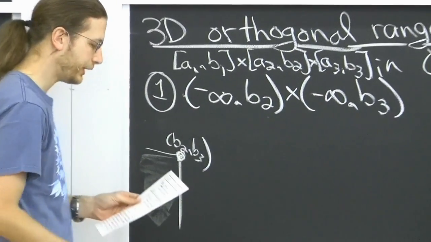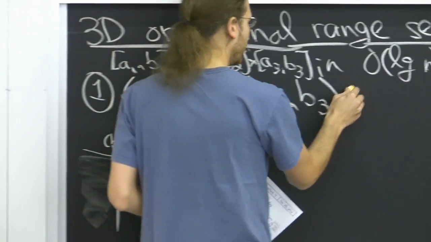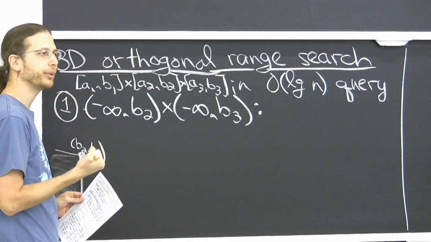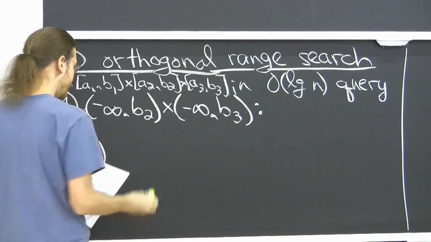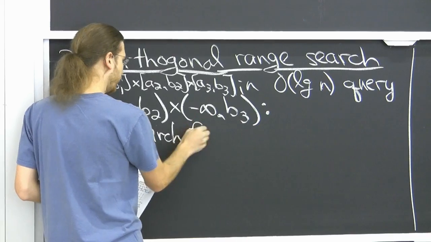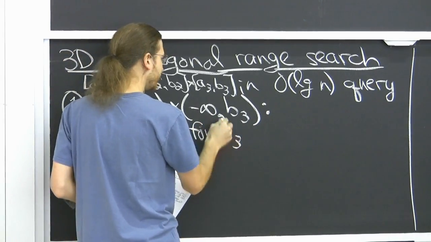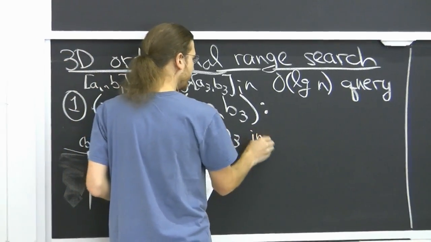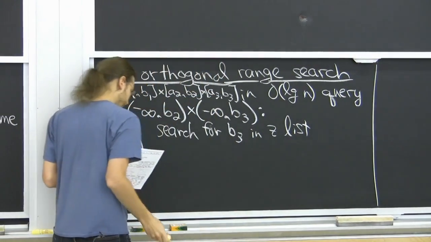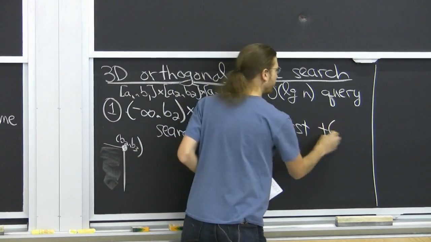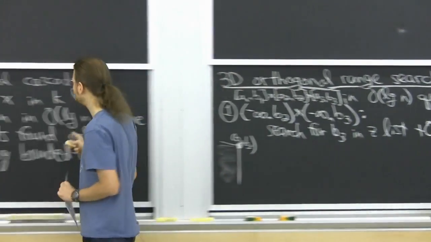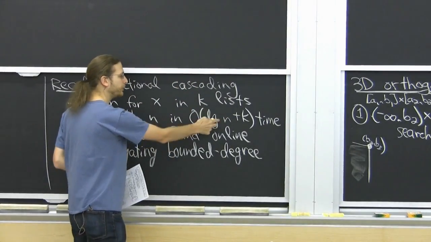So we can solve this in log n time plus k. But I want to be a little bit more precise about what that log n is and say that this costs whatever it costs to search for B3, the Z coordinate, in a list of Z coordinates of points, plus order k. I write it this way because if we have many searches among lists, then we can speed things up.